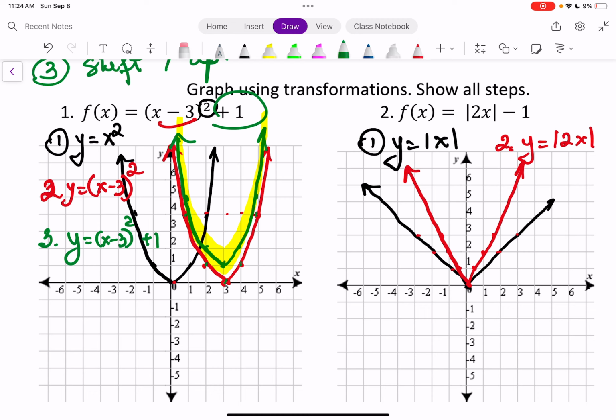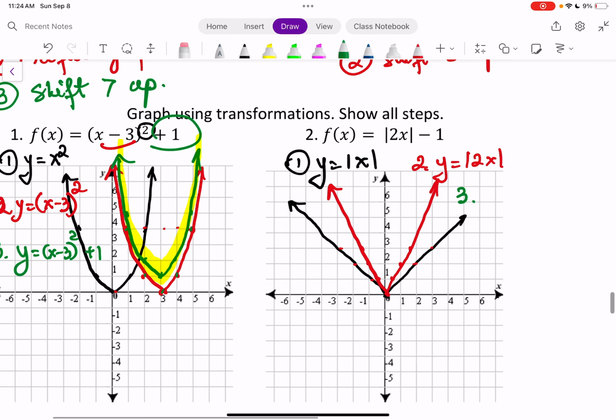And finally, I have to take this absolute value of 2x minus 1. So the minus 1 happens to the y values. They happen to the absolute value function. So it's shift all the y values you have from the red one. I'm now moving all those points 1 unit down.